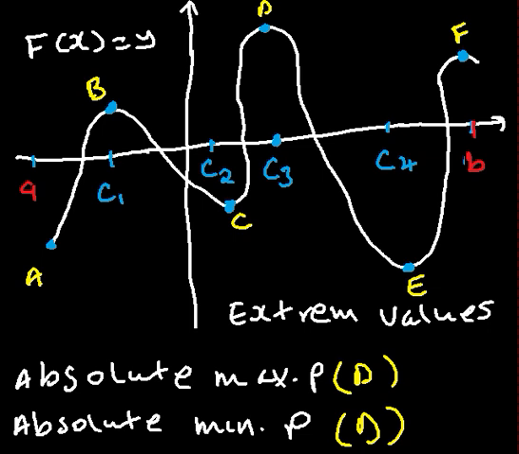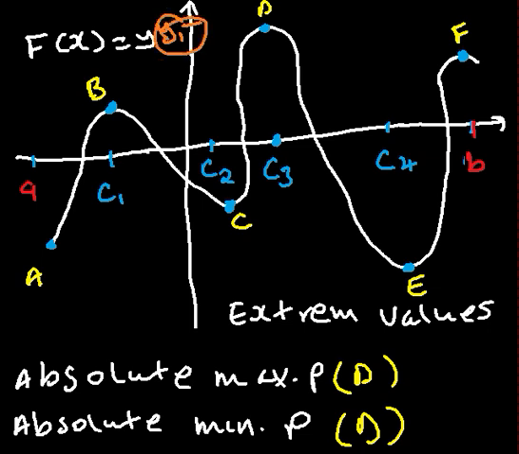Let me say it in this way. Now the y value corresponding to the absolute maximum point, let's say it is given as y1, and therefore this value is known as the absolute maximum value.